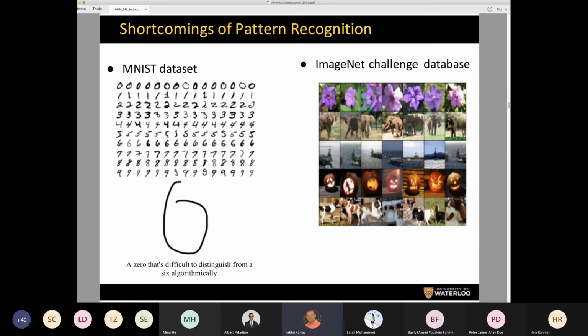The same thing for ImageNet, which is on the right-hand side. When you have an elephant in a particular situation, a sitting elephant, or an elephant in an aggressive motion, or an elephant that is drinking, the system is not able to decipher that particular image.